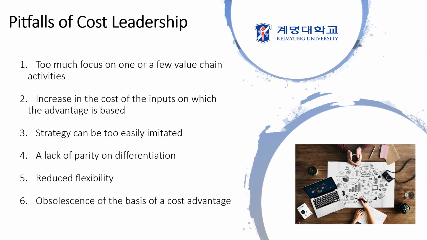Building a low-cost advantage often requires significant investment in plant, equipment, distribution systems, and large economically scaled operations. As a result, firms often find that this investment limits their flexibility, and they have difficulty responding to changes in the environment. Ultimately, the foundation of the firm's cost advantage may become obsolete.